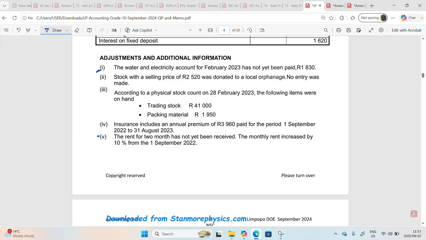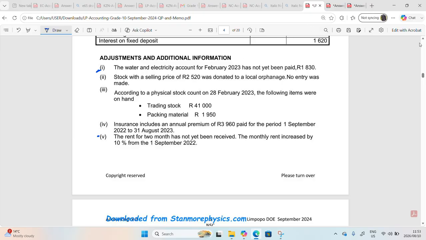The insurance includes an annual premium of 3,360 for the period from the 1st of March 2022 to 31st August 2023. So we have a prepaid expense here, guys, because we have paid for months that are outside our accounting period.